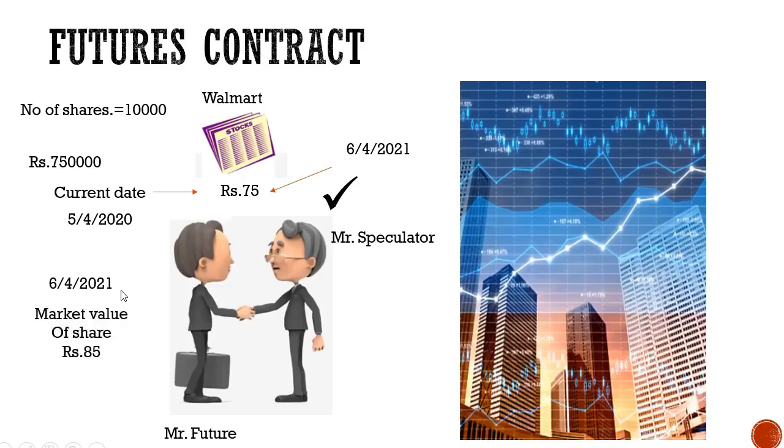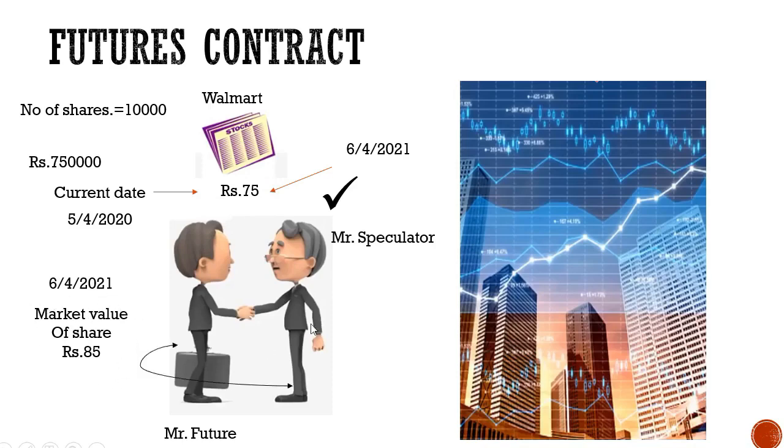Now, let's say on this particular date, the market value of the share rose to 85 rupees a share. Now, the contract was already made, stating that after 1 year the speculator will pay Mr. Future a price of 75 per share. So here the market value of share, which is 85, will not be considered.